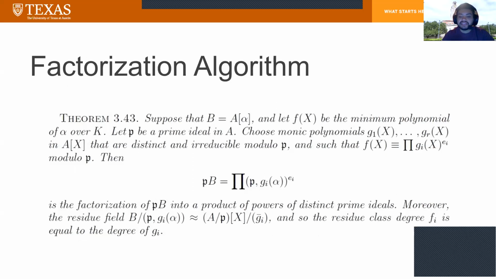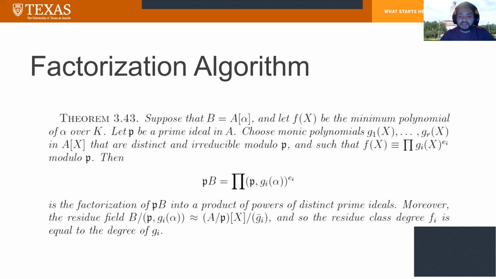This is a factorization algorithm. We will call it theorem 3.43 for now. Suppose that B is equal to A[alpha], and let f(x) be a minimum polynomial of alpha over K. Let P be a prime ideal in A. We will discuss prime ideals in a later slide.